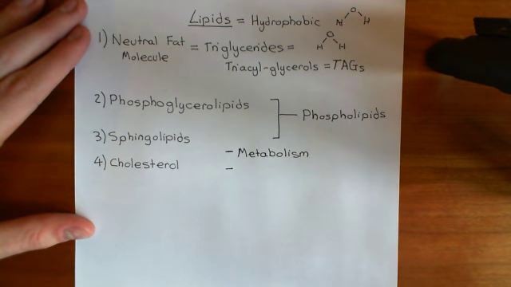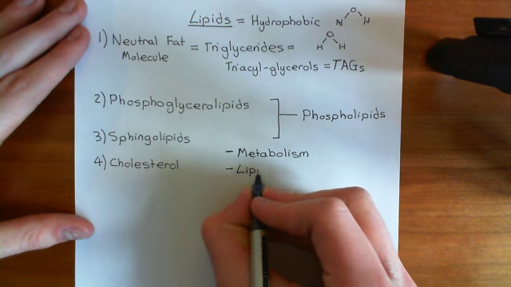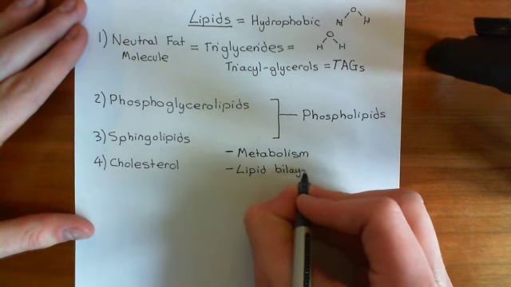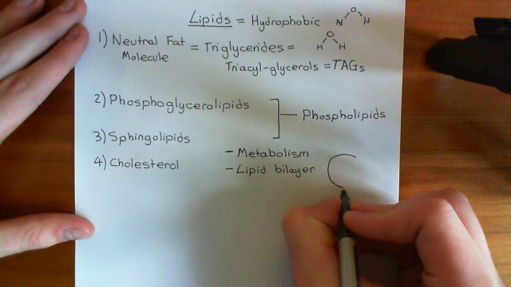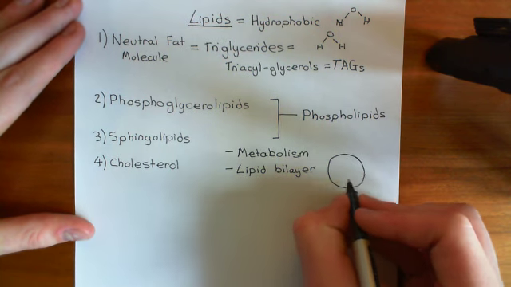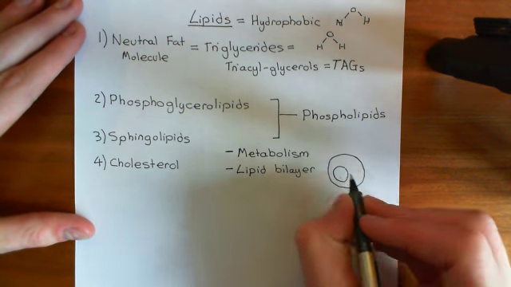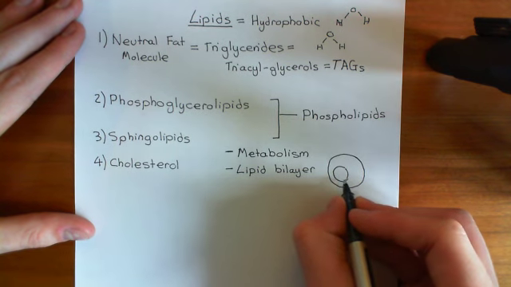The other use of lipid molecules is in the building of lipid bilayers, or membranes. We know that all cells in the human body have a cell membrane surrounding them. This is a lipid bilayer. In addition, the nucleus of the cell will have a lipid bilayer surrounding it.